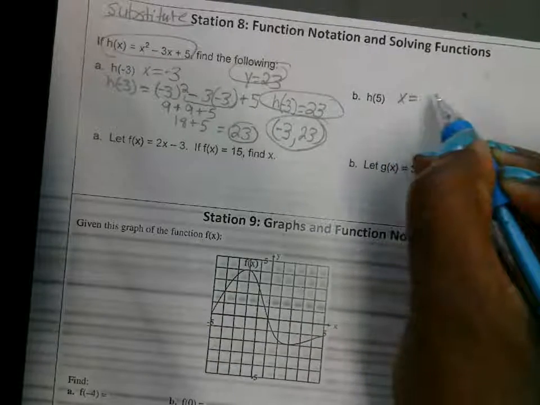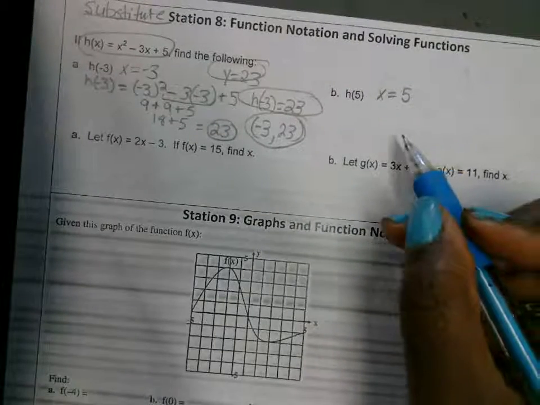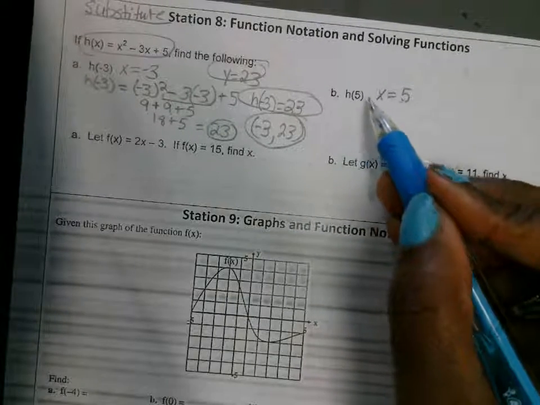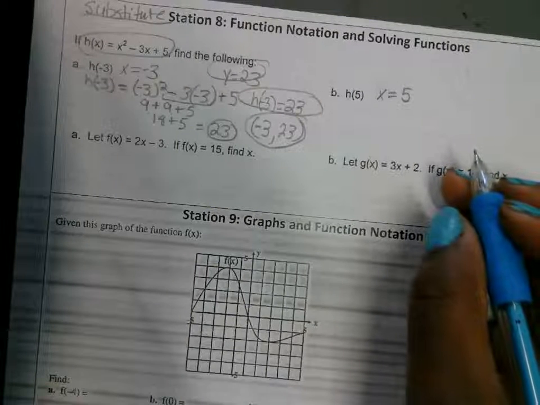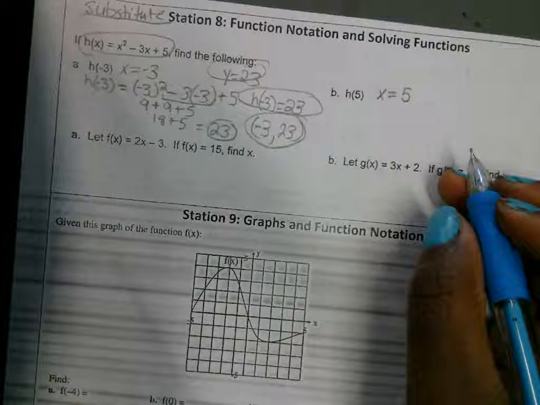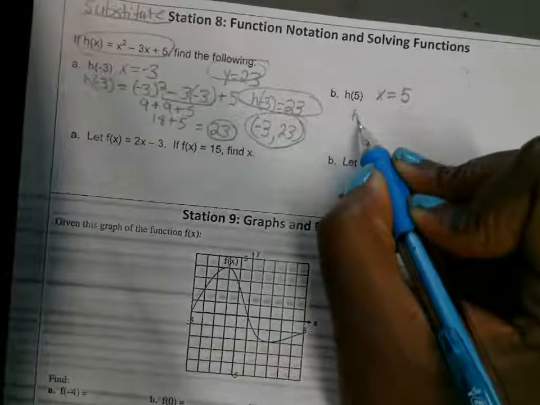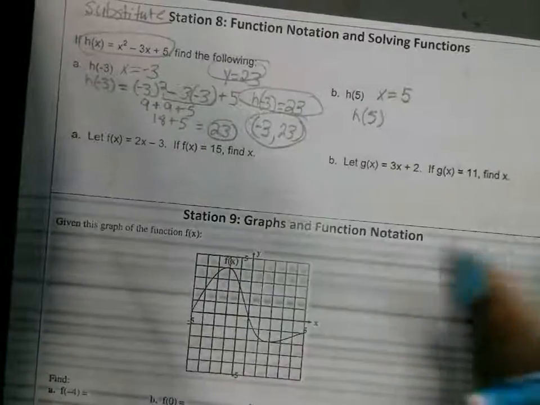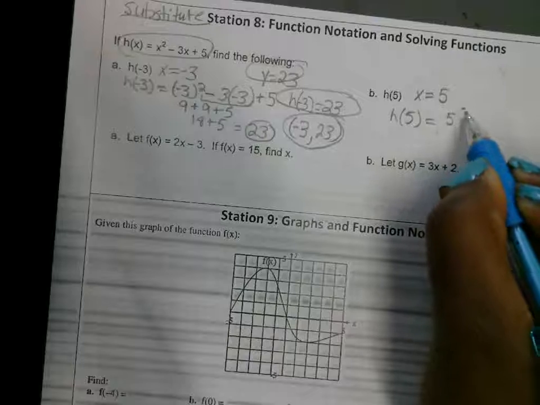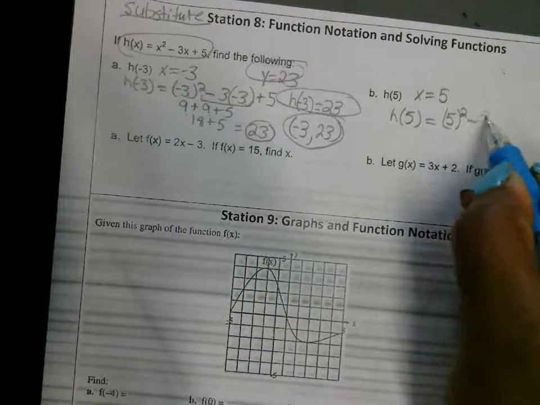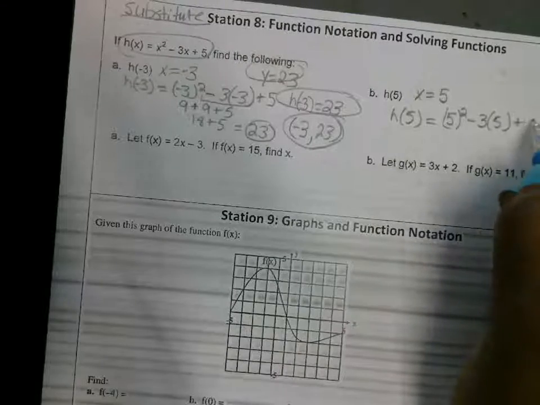So we got x is equal to 5. All right. So in order to solve for h of 5, then you substitute. So we have h of 5 is equal to, I'm plugging in the 5, y'all. 5 squared minus 3 times 5, plugging in the 5, plus 5.